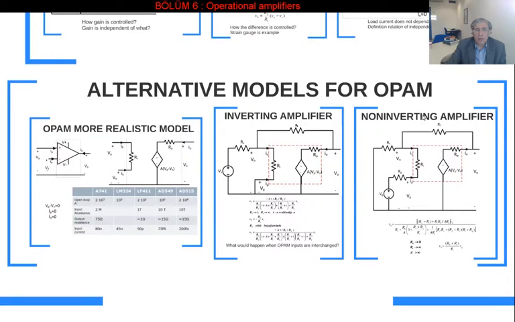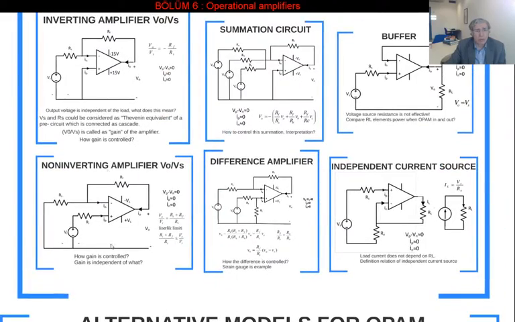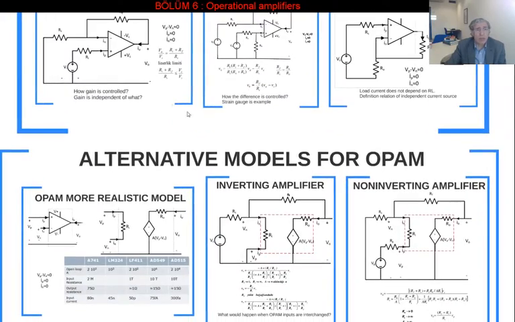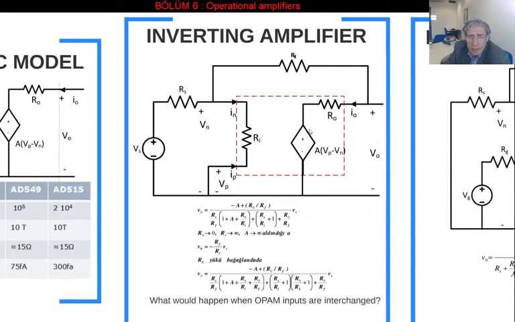The inverting amplifier and the non-inverting amplifier, which we use in this application series, those two. If I use not the ideal operational amplifier but this model, this circuit becomes this. So if you look inside this circuit, this is the operational amplifier that we replaced with this model. If you do the calculation, you end up with that result.